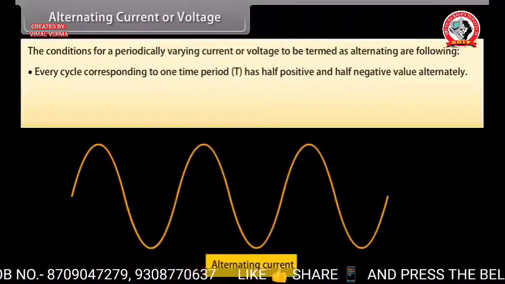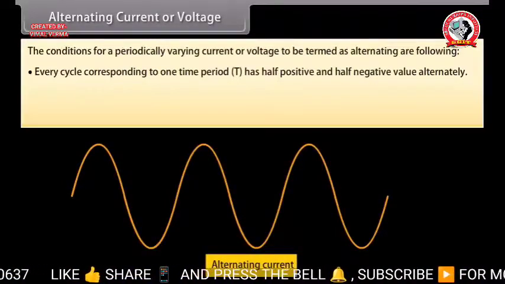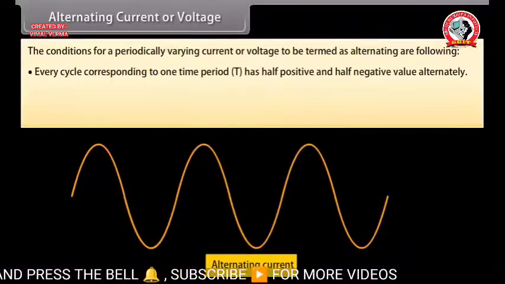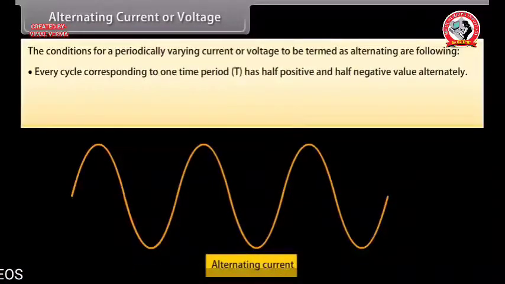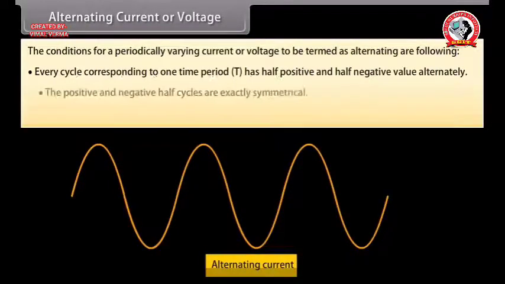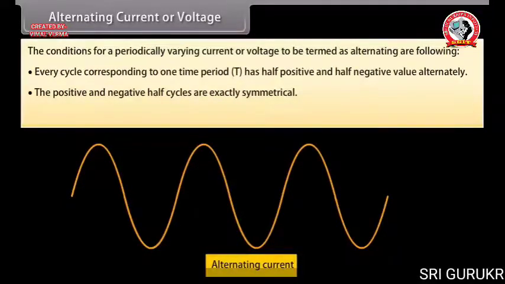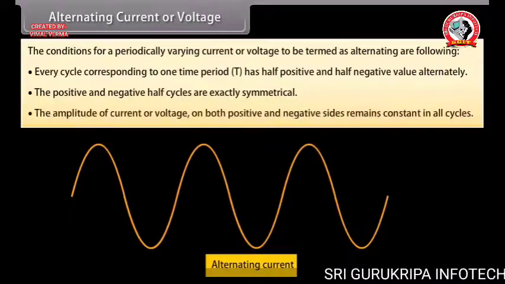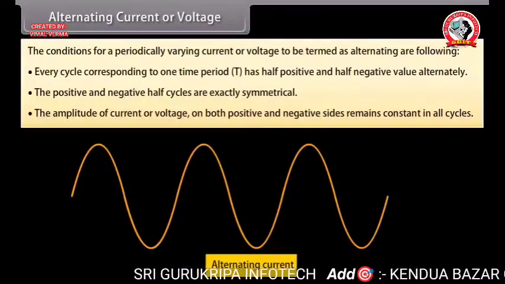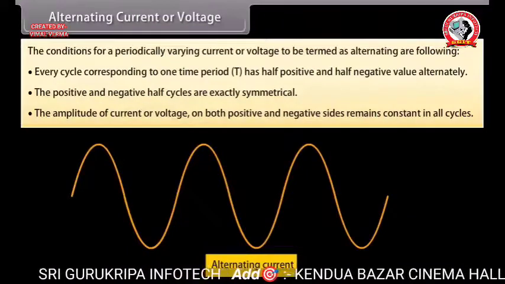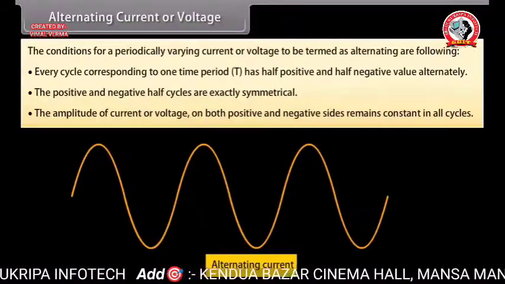In case of current, it means that the direction of current reverses after every half cycle, and in case of voltage, it means that the polarity of potential difference reverses after every half cycle. The positive and negative half cycles are exactly symmetrical. The amplitude of current or voltage on both positive and negative sides remains constant in all cycles.